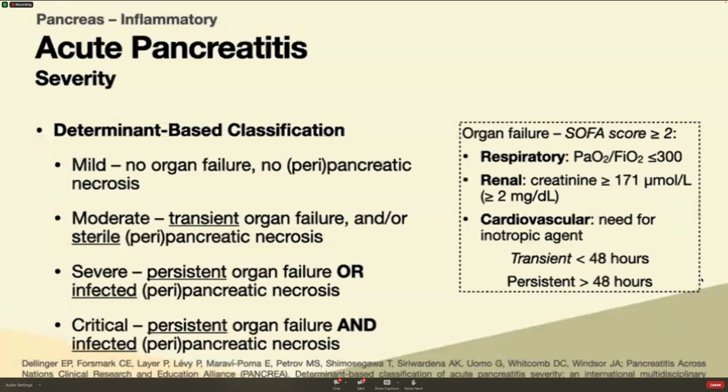If the patient has only one, either persistent organ failure or infected pancreatic necrosis, that's severe. But if the patient has both persistent organ failure, meaning more than 48 hours, and infected peripancreatic necrosis, then that classifies the patient as critical.